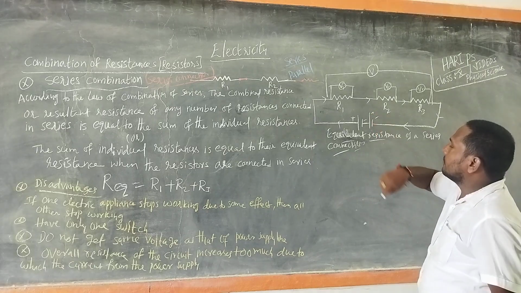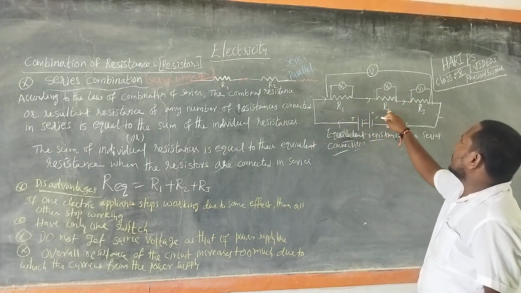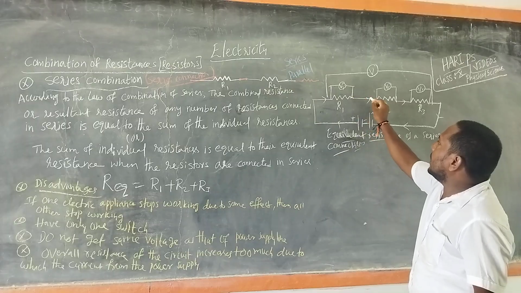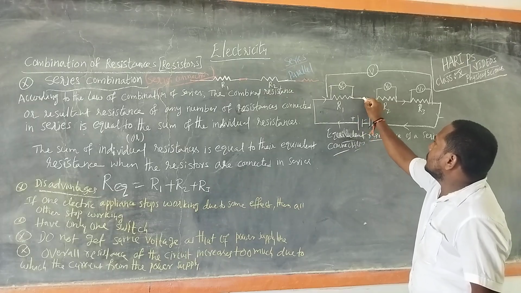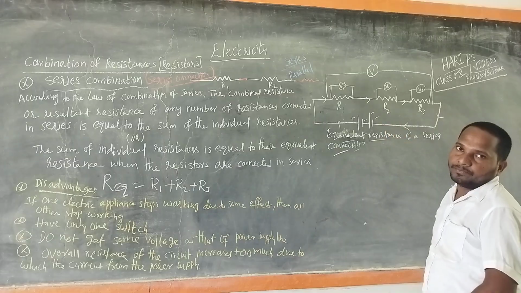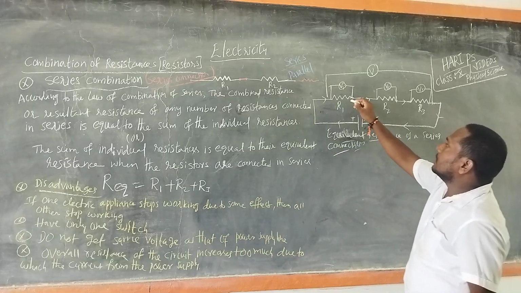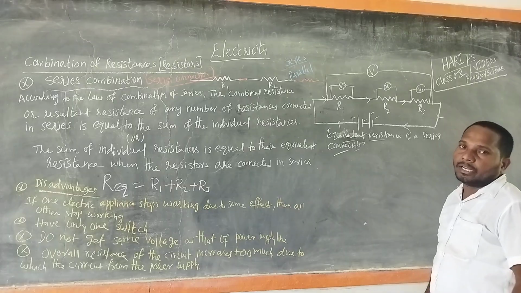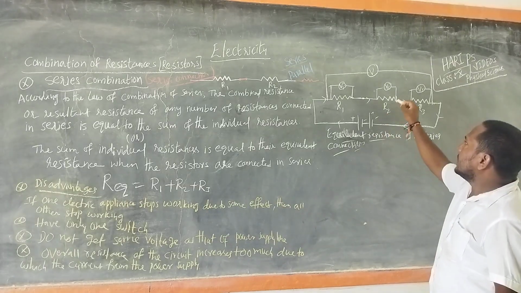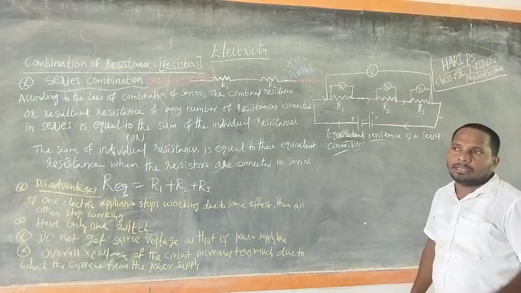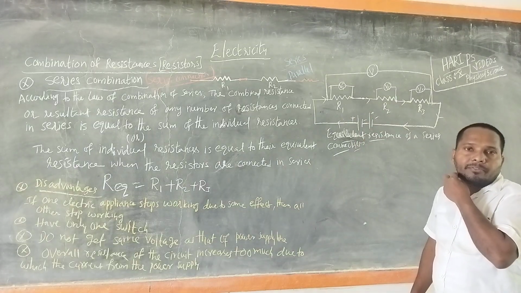Observe the figure. There are three resistors connected end to end to a battery, and here we need to calculate the potential difference. Every resistor has a potential difference.